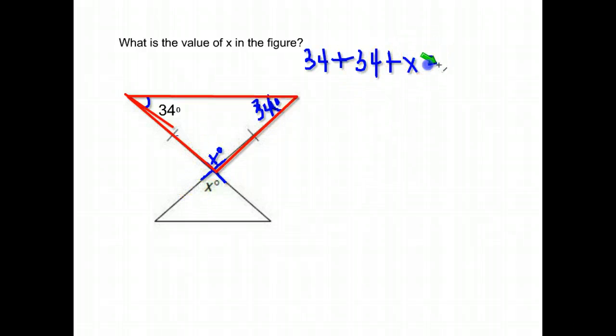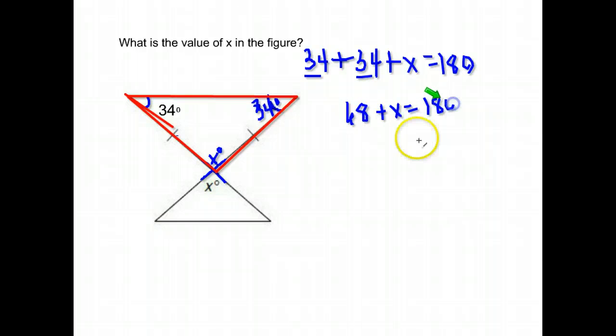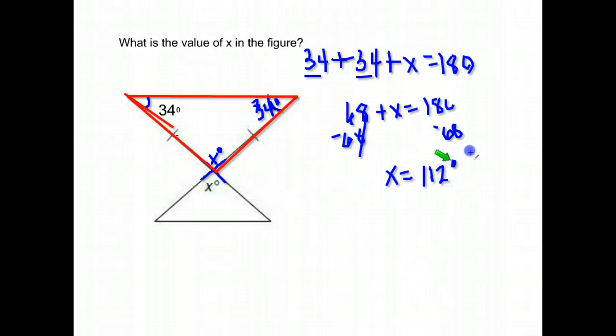Together, those things need to be 180 degrees, and we just use that to solve for x. So I combined 34 plus 34 is 68. And now subtract 68 from both sides, and we will find the measure of our missing angle. When I do that, I get 112 degrees.